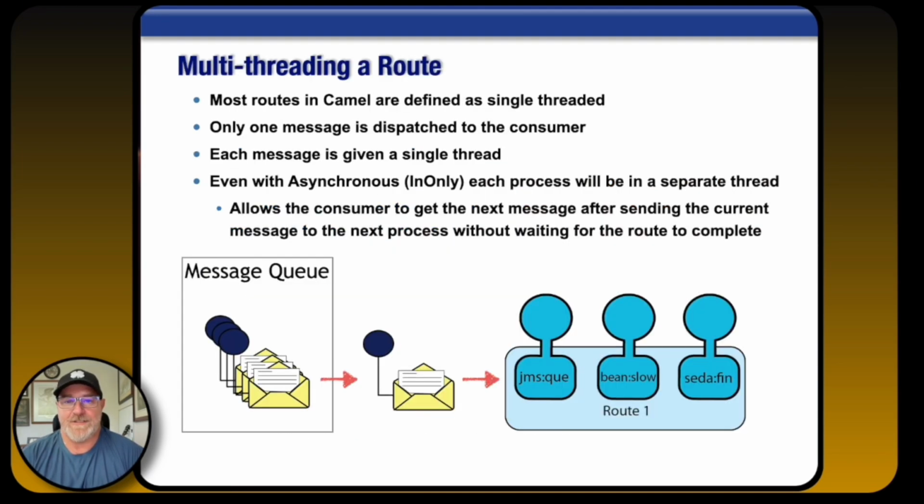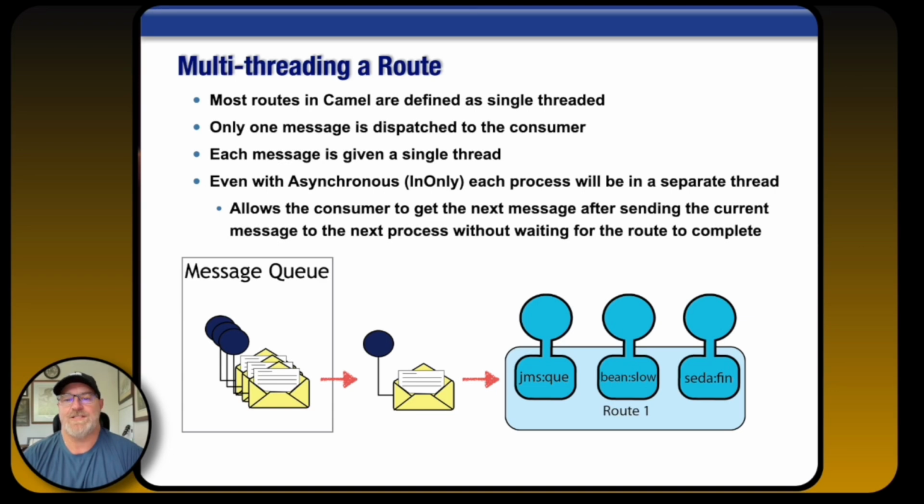Another very powerful aspect of Camel is to be able to multi-thread a route. This can speed up and slow down your processes dramatically based on how you utilize it. If you're just using a single-threaded, single consumer route against a JMS endpoint, and in this case we're talking about a message queue, and you've got a JMS component working against the queue, it initializes that one consumer, has a single route, and what that allows it to do is push the message all the way through on a single thread.